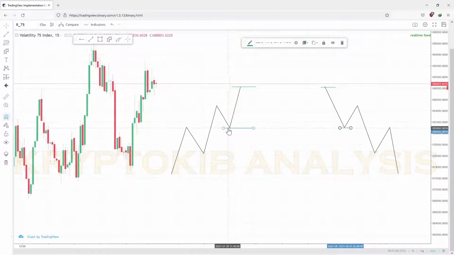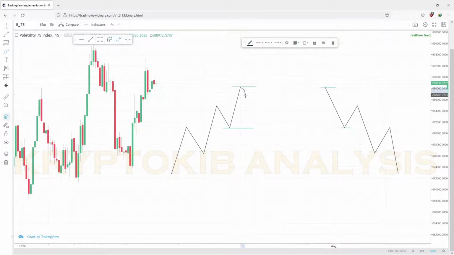This higher low would be the invalidation level on this setup, whereas this high, if there happens to be a pullback from this side like that, will be the continuation high to break for the continuation of the bullish structure.